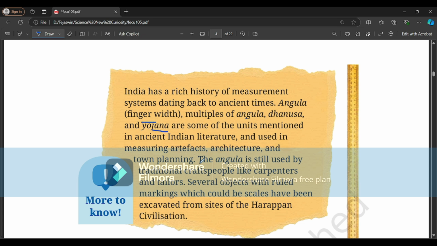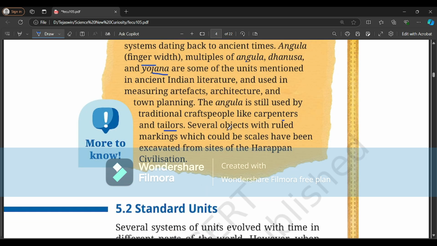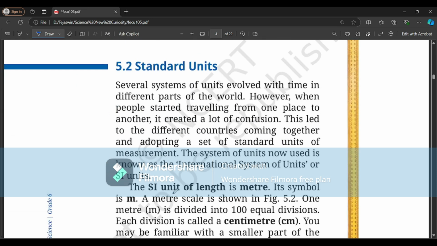The angul is still used by traditional craftspeople like carpenters and tailors. Several objects with rule markings, which could be scales, have been excavated from sites of the Harappan civilization. So we conclude that measuring with body parts could be different for different people.